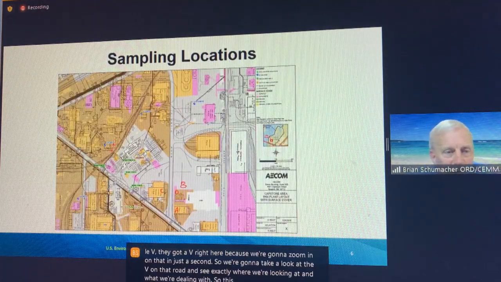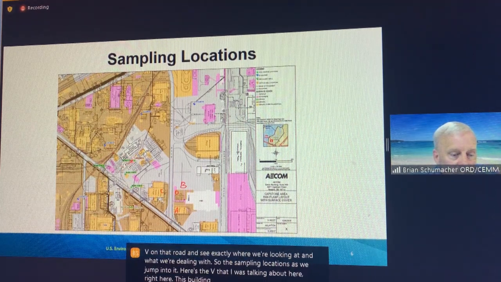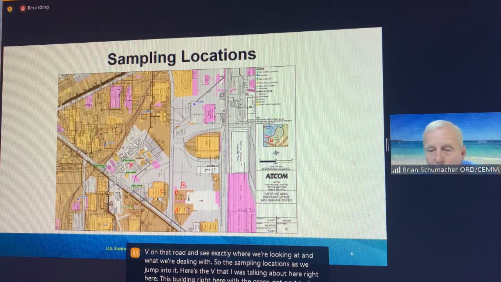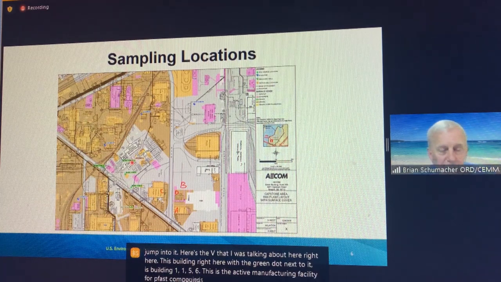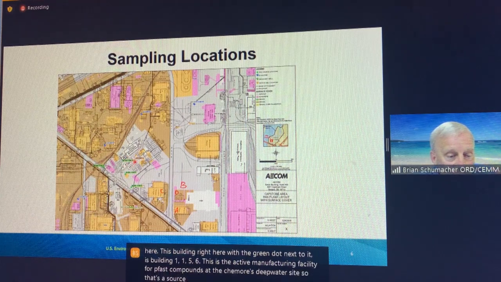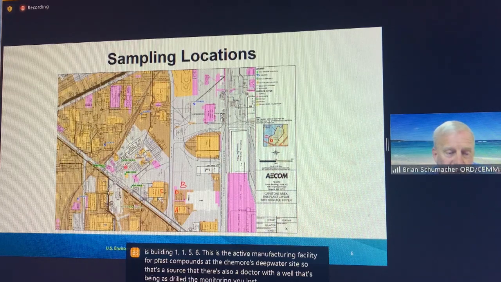So the sampling locations, as we jump into it, here's the V that I was talking about. Right here, this building with the green dot next to it is building 1156. This is the active manufacturing facility for PFAS compounds at the Chemours Deepwater site. So that's a source. There's also a dot there with a well that's drilled to monitor any losses at that particular site.